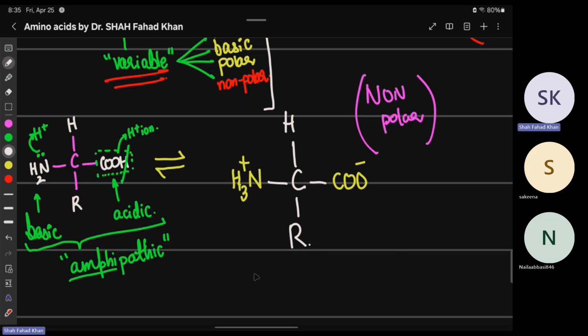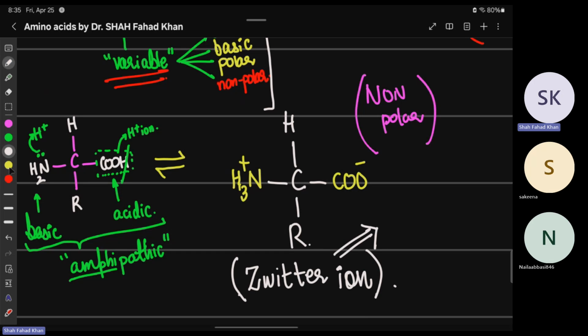This species that has been created is called Zwitter ion. Okay, not Twitter, it's called Zwitter. Twitter se yaad kar sakte hain. Zwitter ion. And this is an isoelectric species. What exactly does isoelectric mean?